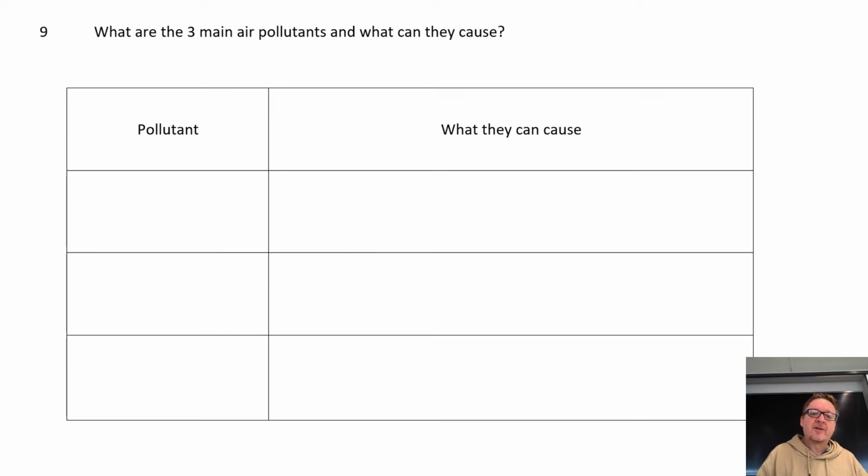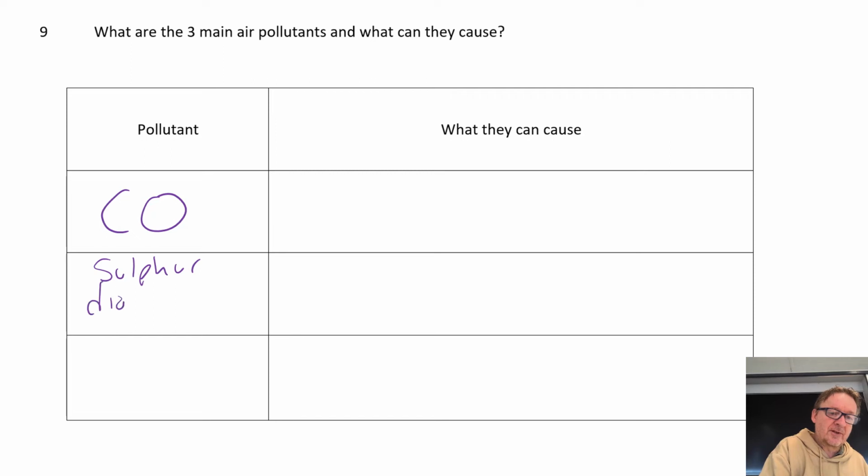Question 9. What are the 3 main air pollutants and what can they cause? Right? Carbon monoxide, sulfur dioxides and oxides of nitrogen, and particulates.